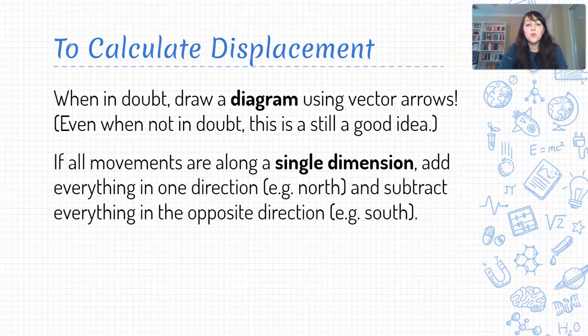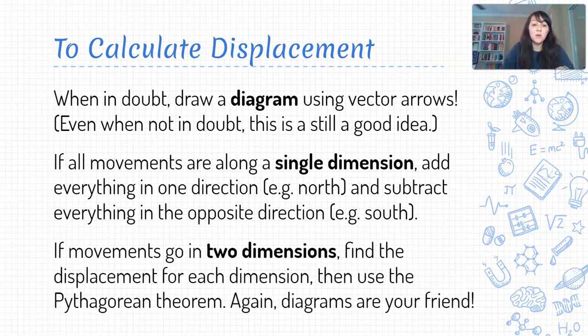Now, if all of your movements are along a single dimension, so they're just north and south, or just up and down, or east and west, or whatever, those are pretty simple. What you do is you just add everything in one direction, whichever way you decide to be your positive direction, and then you subtract everything going the opposite way in the negative direction, and boom, you have your overall displacement at that point, all right?